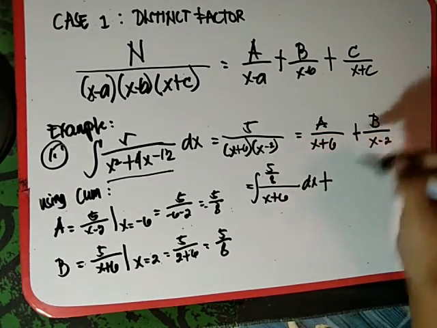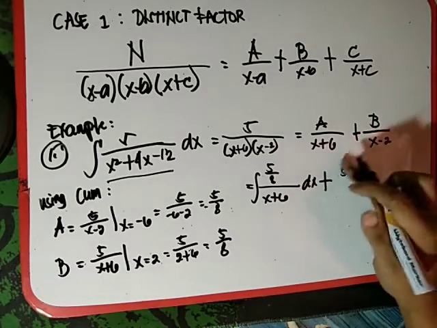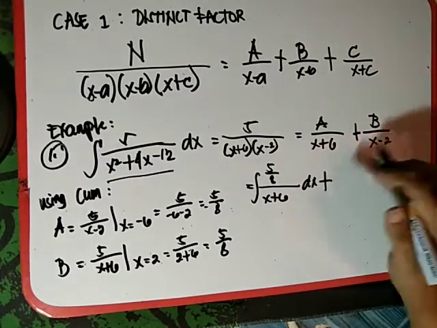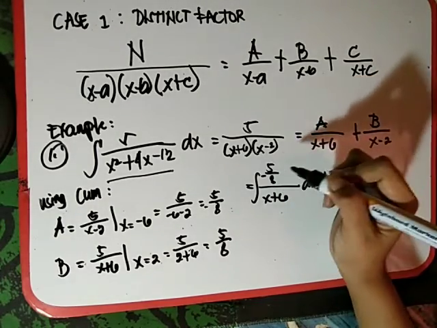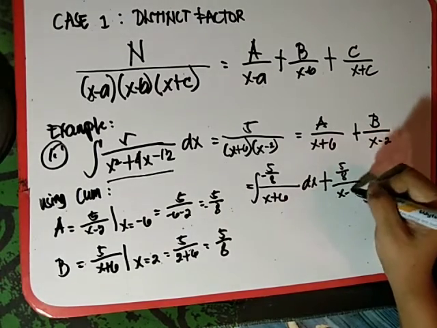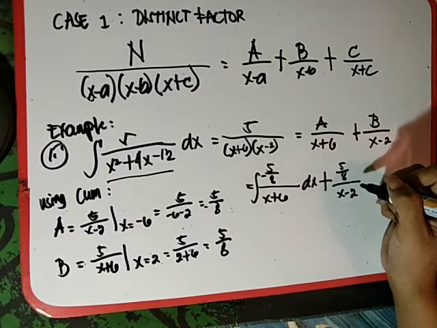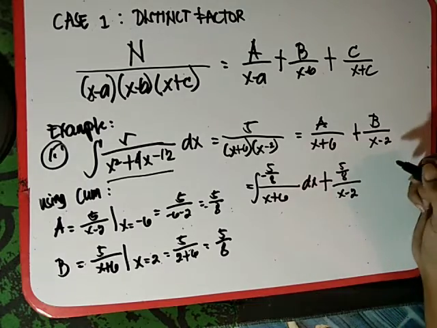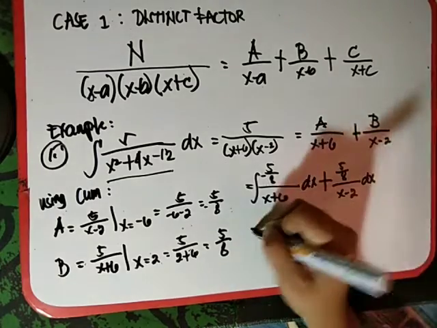Plus the value of b, which is negative 5 over 8 over x minus 2 dx.